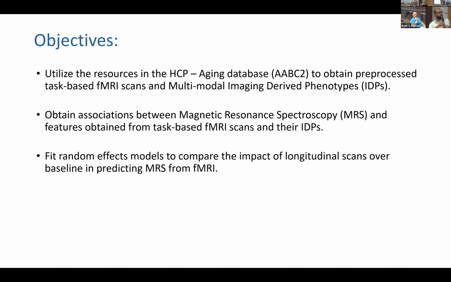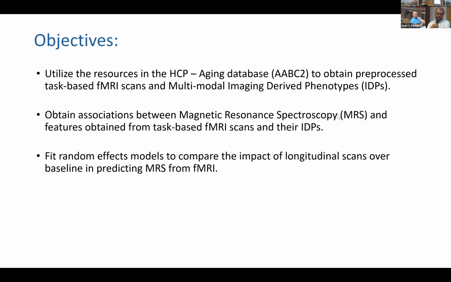So the objectives for this work project were to utilize resources in the HCP aging database to obtain pre-processed task data, as well as resting state, and in addition, take advantage of the multimodal imaging derived phenotypes, or the IDPs, which they already have present there.